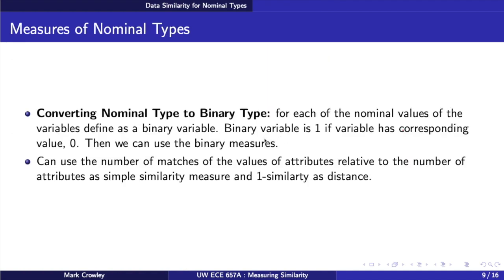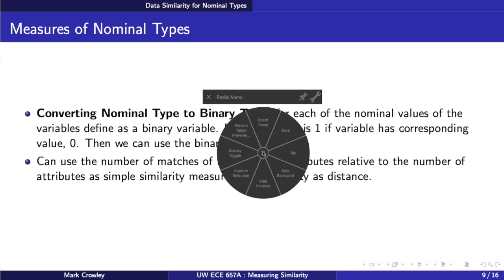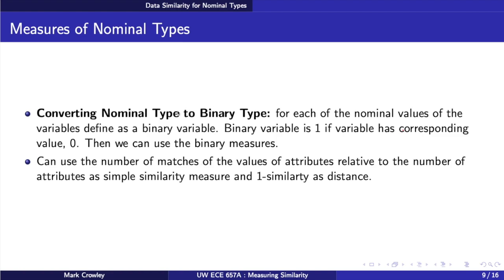So we're talking about binary types, so assume now we want to convert to a nominal type. Nominal types, remember, are ones where we have qualitative behavior. So hair color: red, green, blue. I like blue.